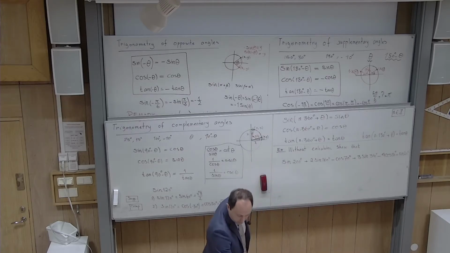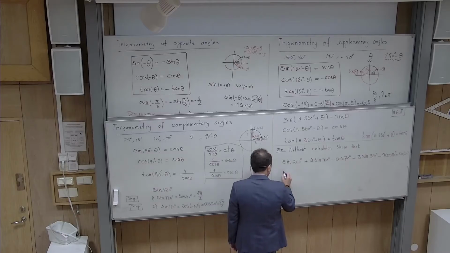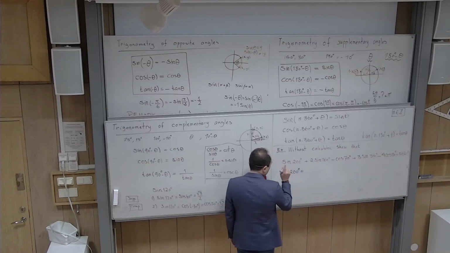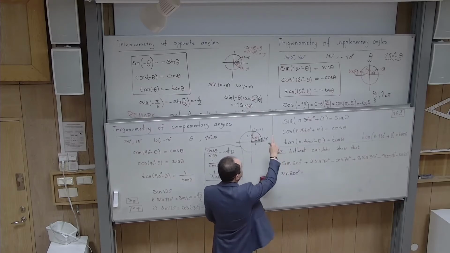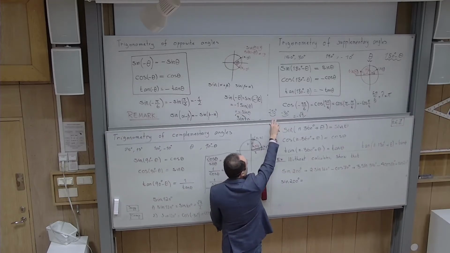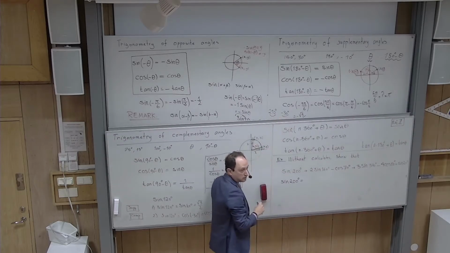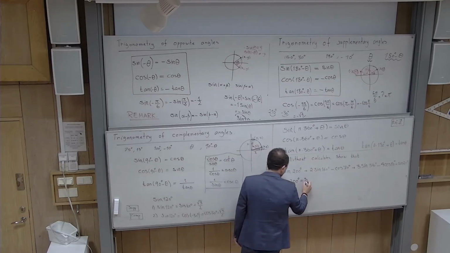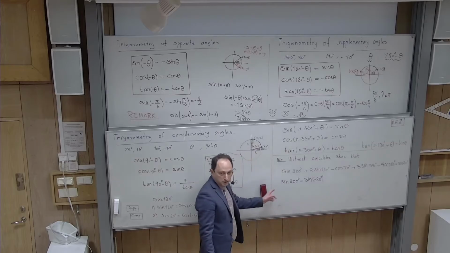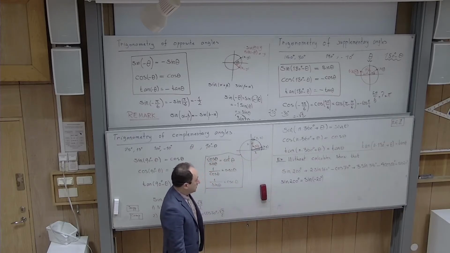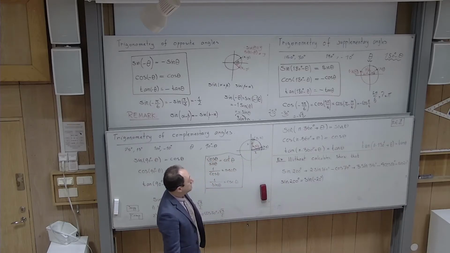So let me change my color. Here, sine of 200 degrees. How do you write it? You realize minus 20 is the supplement here. What is the rule for supplementary angles? It is on the board. Sines are exactly equal. So I write sine of minus 20, because minus 20 and 200 are supplementary.